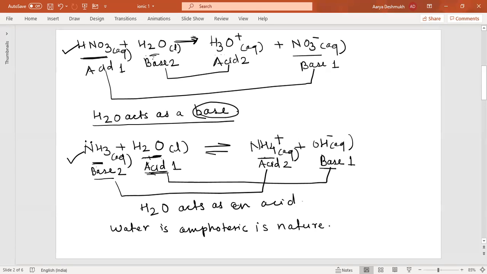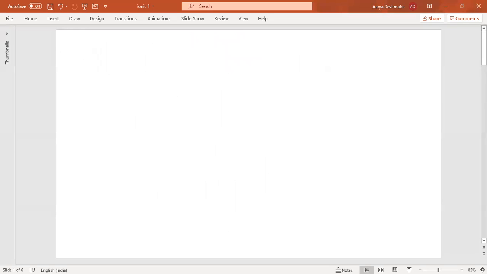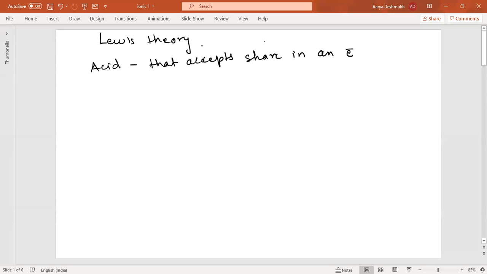Now the next thing, and lastly, the Lewis theory. How will you define acid and base according to the Lewis theory? An acid is a substance that accepts a share in an electron pair. Means acids are those which accept an electron pair.